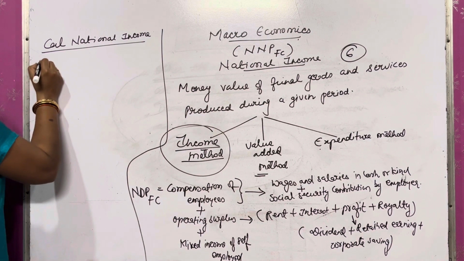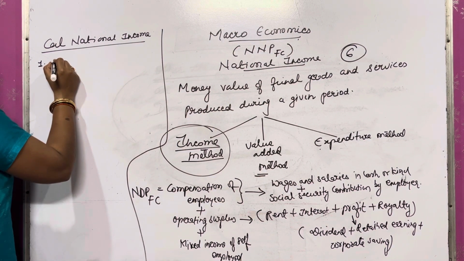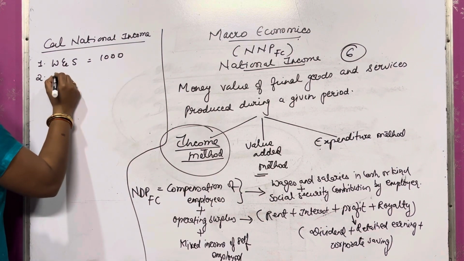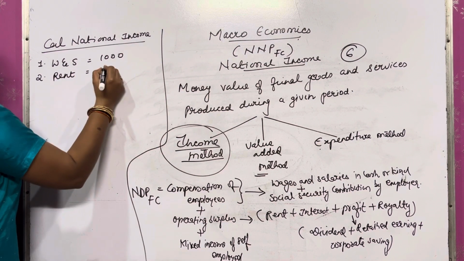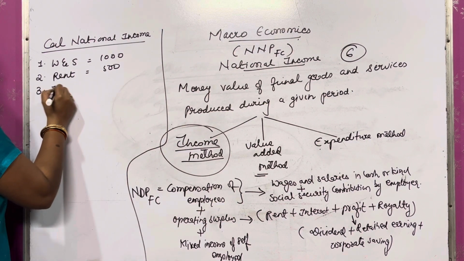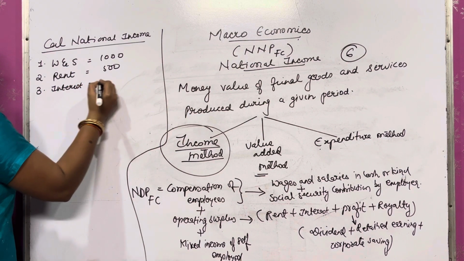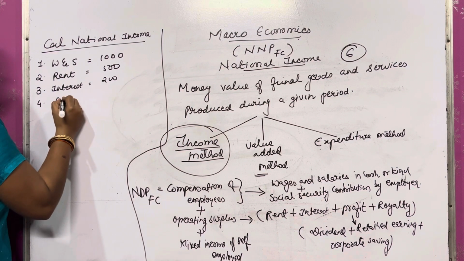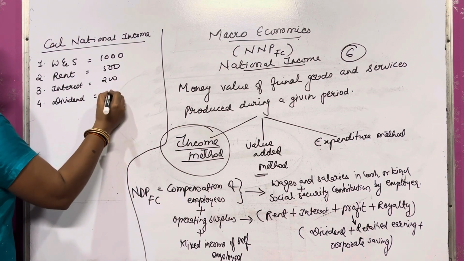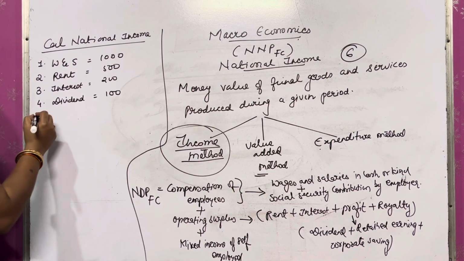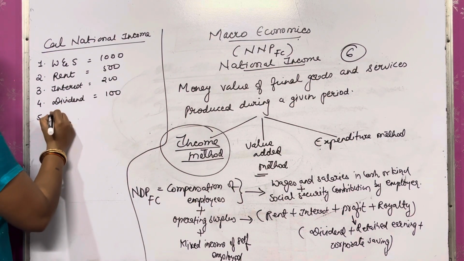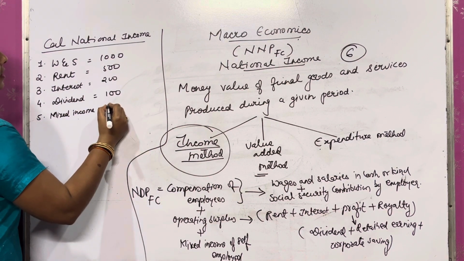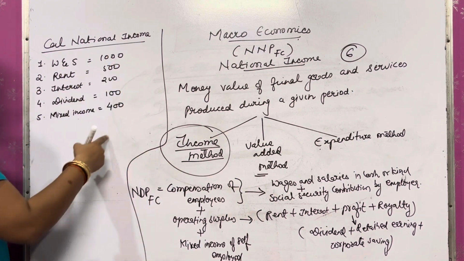The question gives: first, wages and salaries is 1000; second, rent is 500; third, interest is 200; fourth, dividend is 100; fifth, mixed income is 400. Everything is in crore.